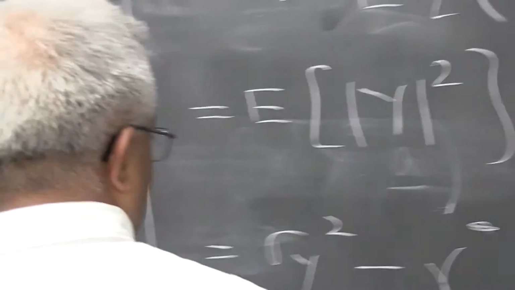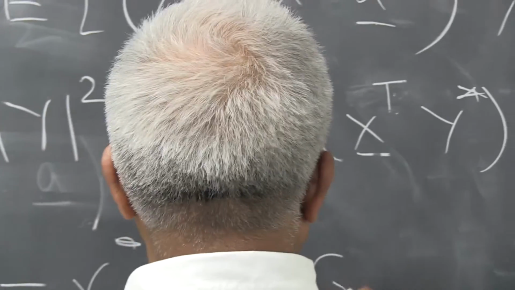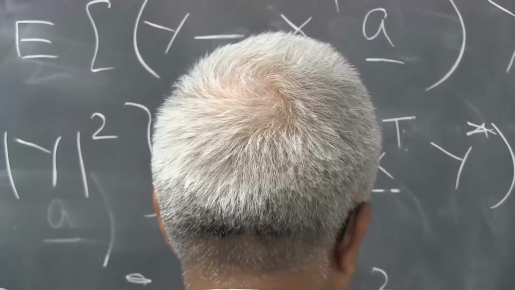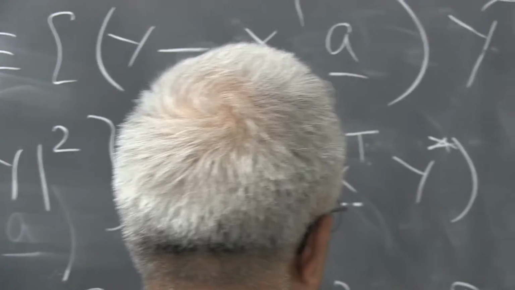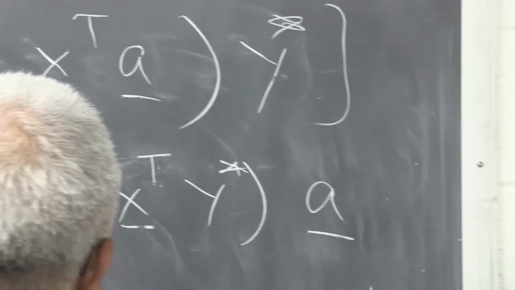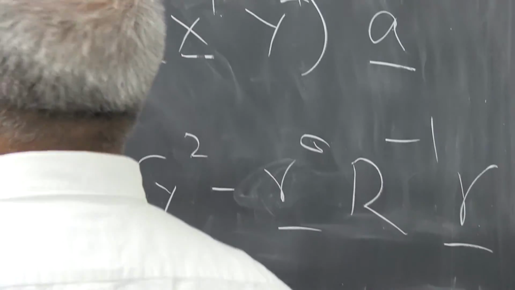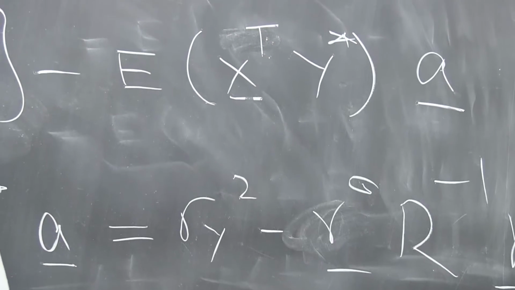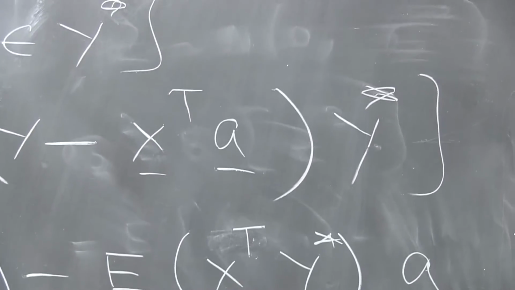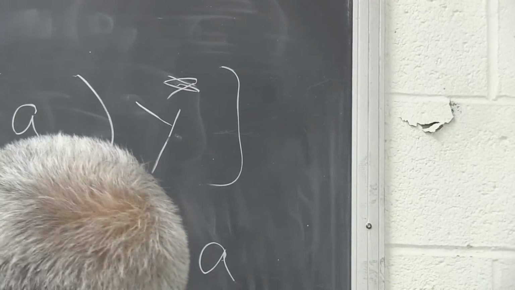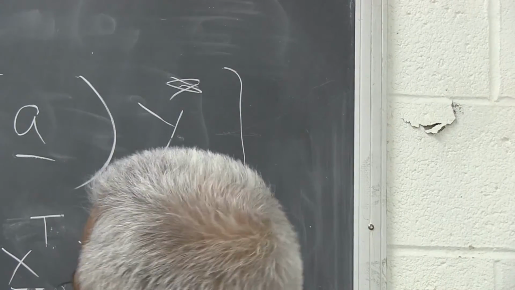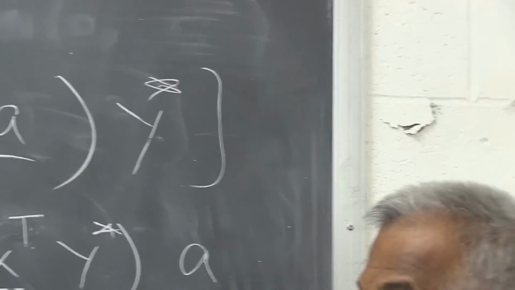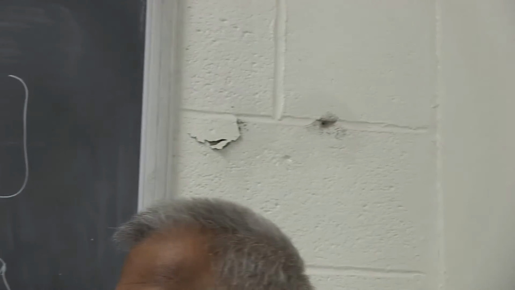But a is already here. So if you substitute this, this is sigma y squared minus gamma star r inverse gamma. But this will be a scalar, and because it is variance, it cannot be negative. So you also get that this quantity is positive. That means this term, whatever is this, has to be less than this.